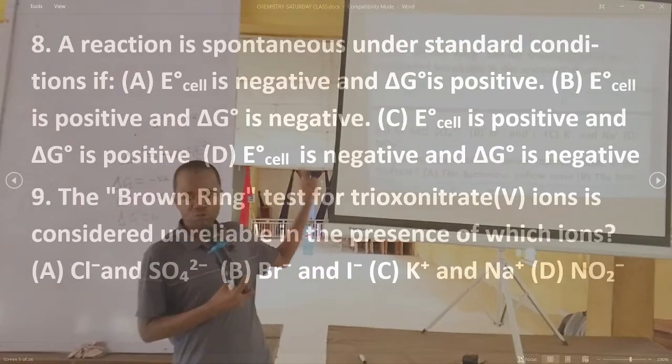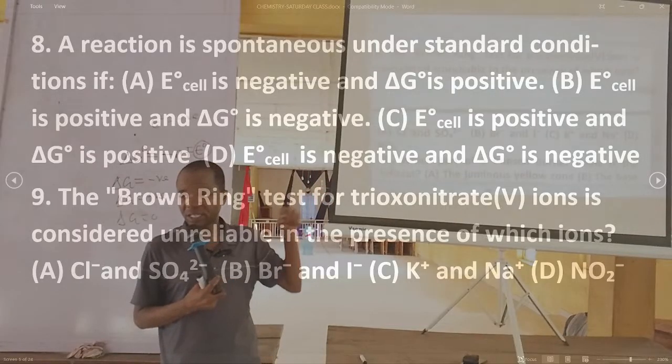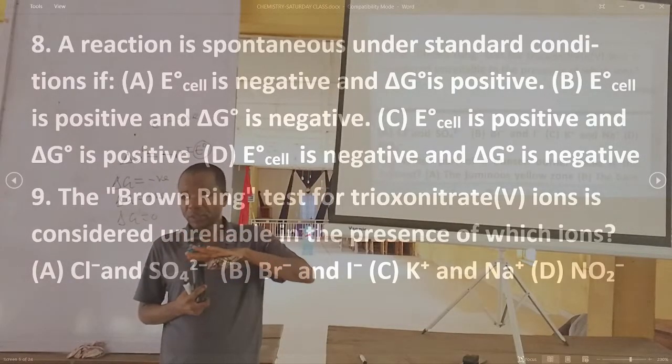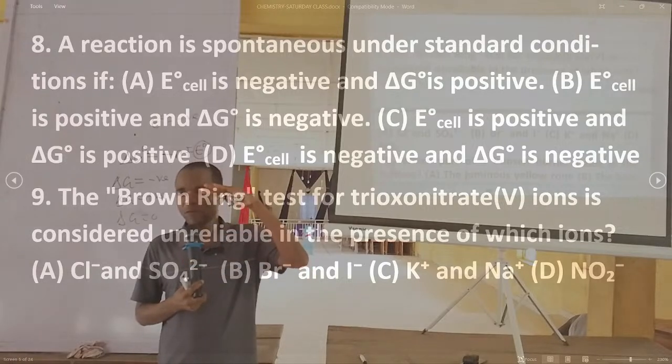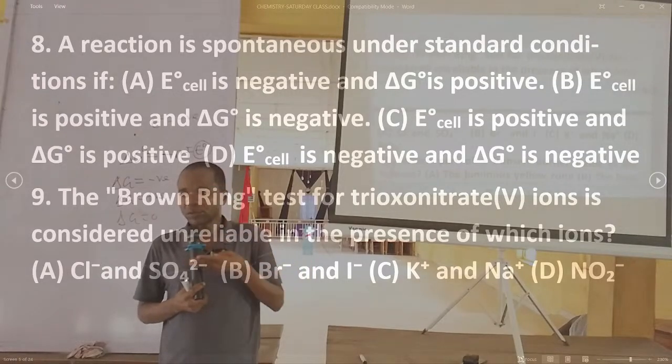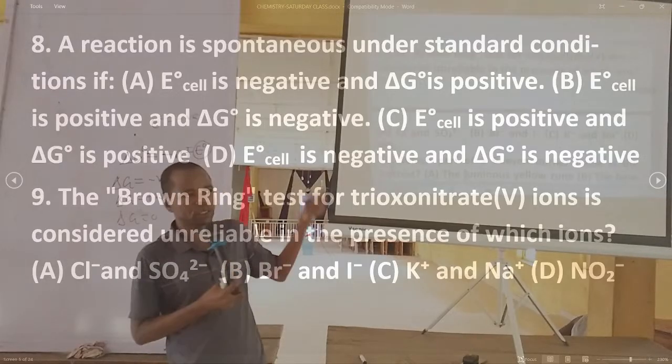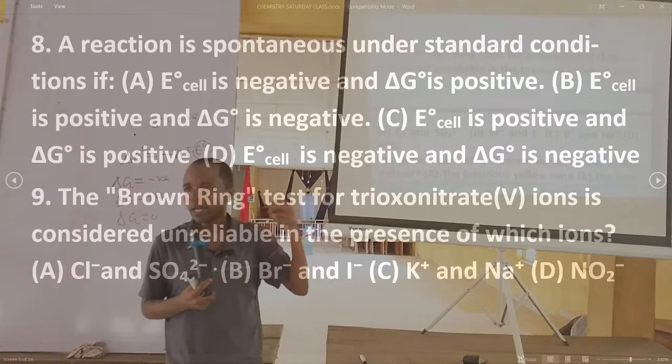If trioxonitrate(V) ion is present, a brown ring color will be formed between the FeSO4 and the H2SO4. So that is where the word brown ring comes in.